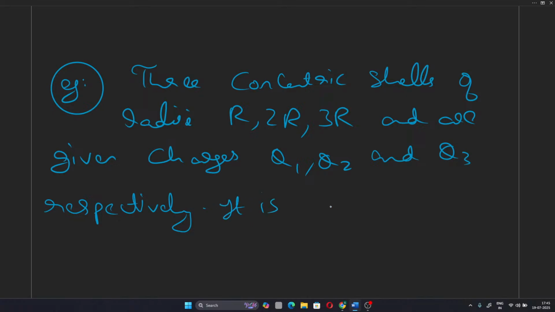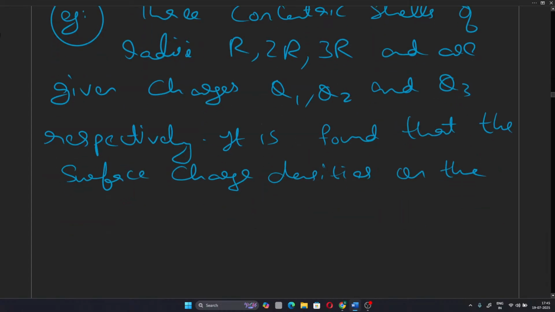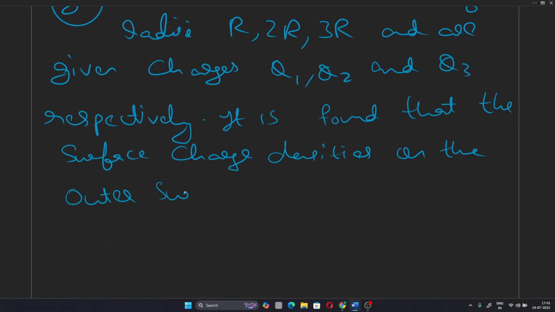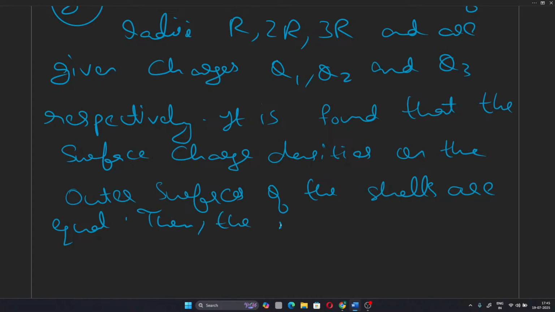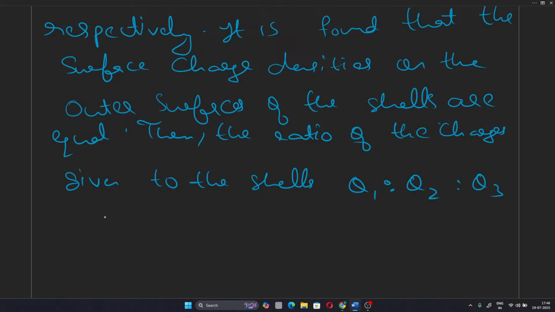It is found that the surface charge densities on the outer surfaces of the shells are equal, then the ratio of the charges given to the shells q1 is to q2 is to q3 is. There's a question.